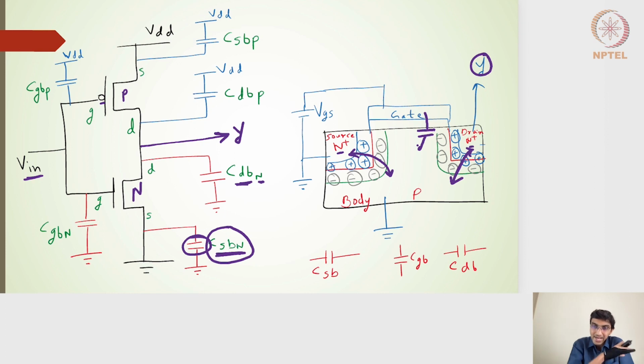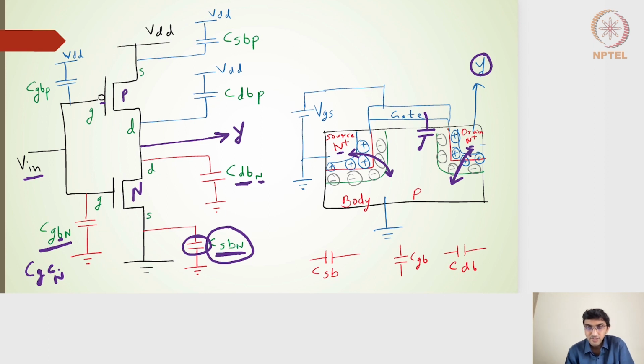As VGS or VDS changes, we can apportion that into CGS and CGD. But I'm going to take it as a particular value and put it as a CGB value. GB represents the body. We can also call it CGC, channel, with respect to the NMOS, but here I've taken it as CG, gate to body.